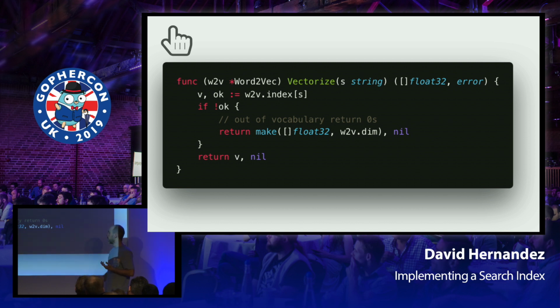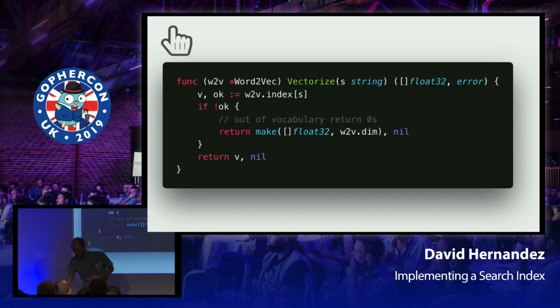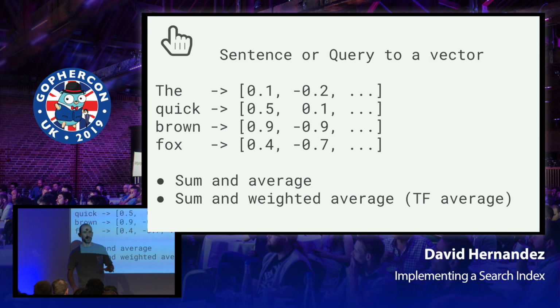If it's there, I return the vector representation. If it's not there, I consider that word out of the vocabulary that my model understands, and just return all zeros, and it should be fine. Cool. But hold on a second.